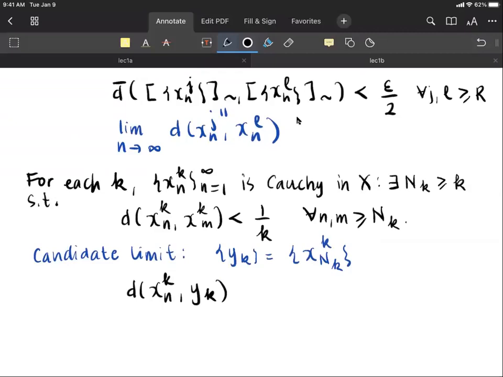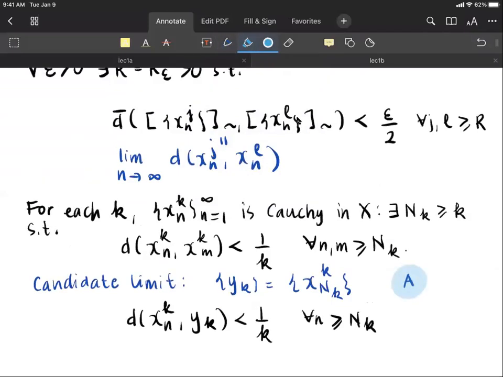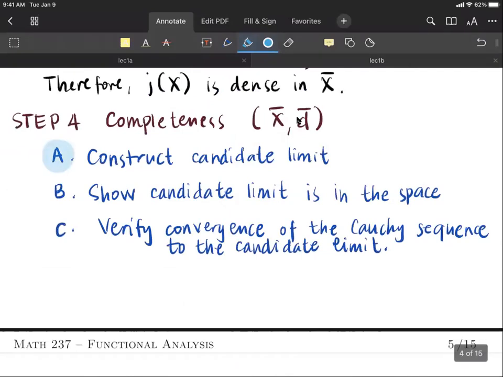This is less than 1 over k for all n greater than or equal to n sub k. So that furnishes A in the above process. So we have constructed the candidate limit.